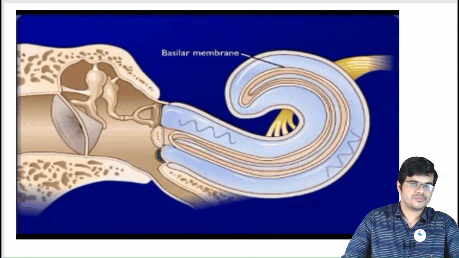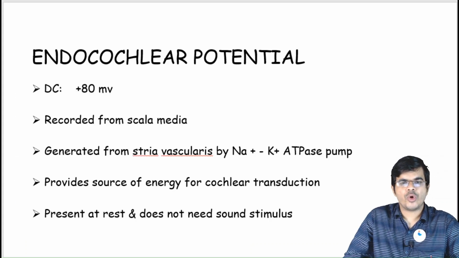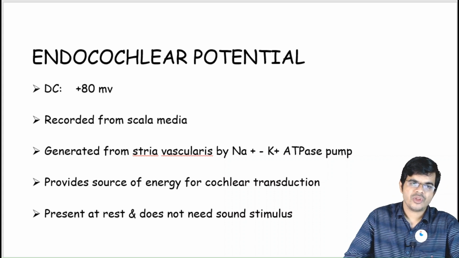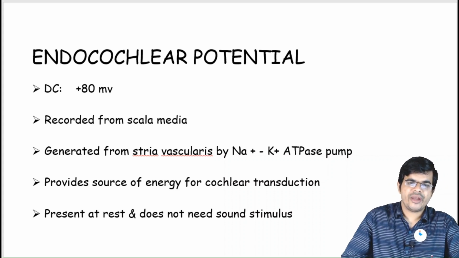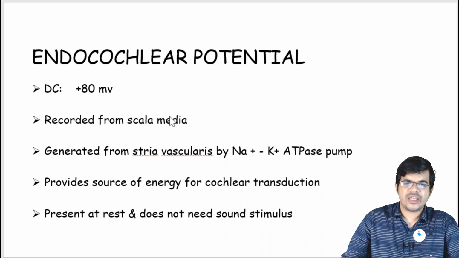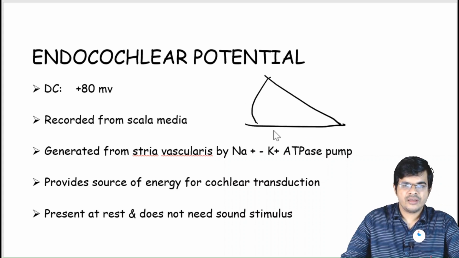Now, what is this endocochlear potential? In the scala media you have something known as the stria vascularis. If this is the basilar membrane, and this is the tectorial membrane, you have the stria vascularis here.